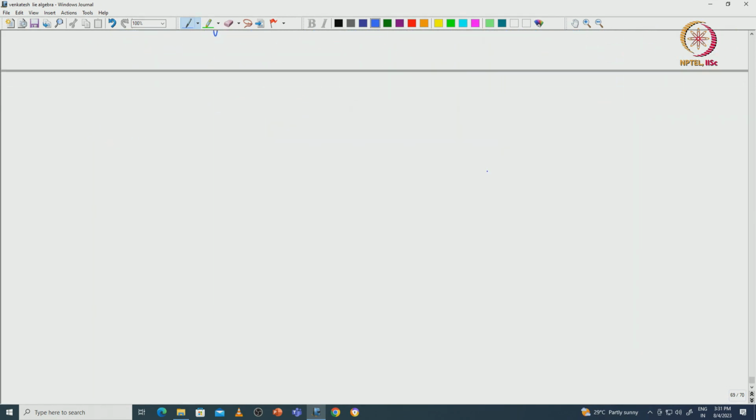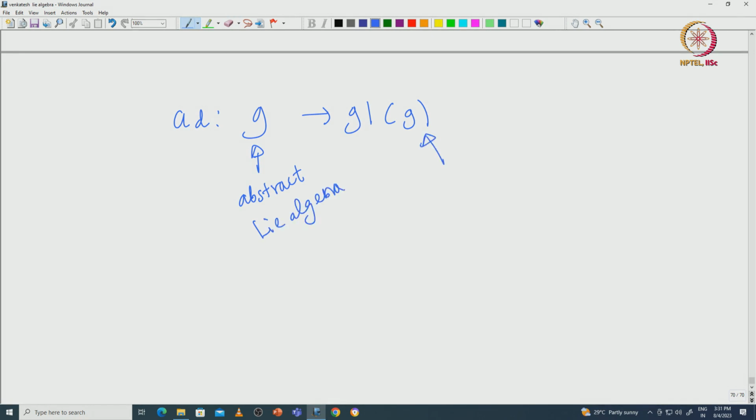So, for example, we have this adjoint map from G to GL(G). See, this G is, to begin with, an abstract Lie algebra. But what we have on the right side is actually a more concrete Lie algebra. What I mean by concrete?